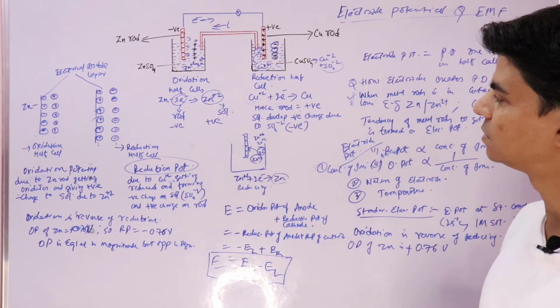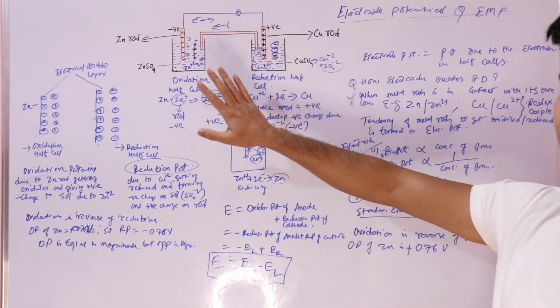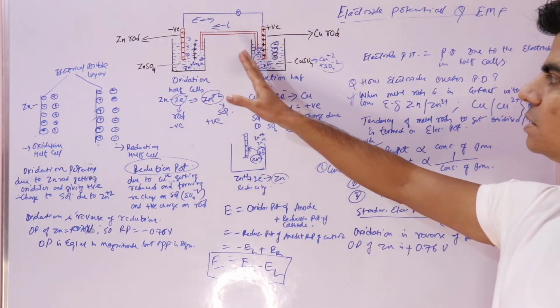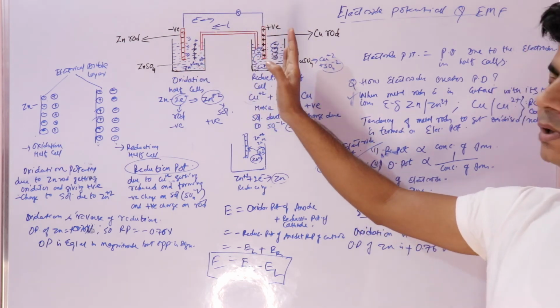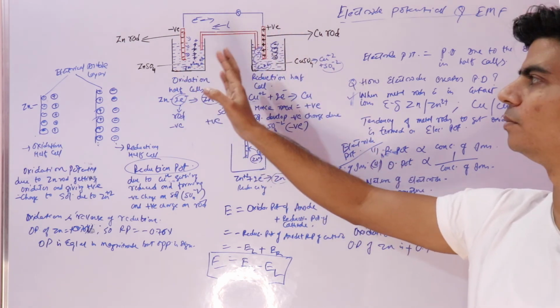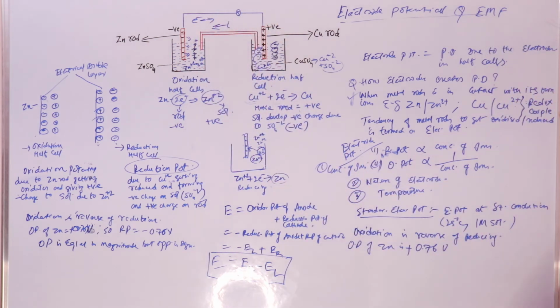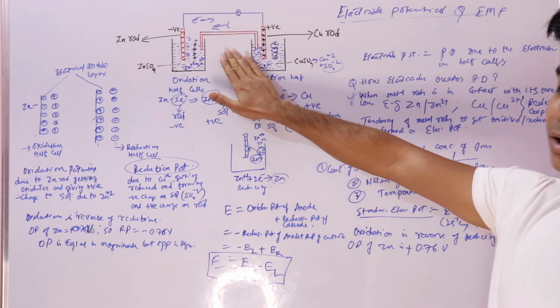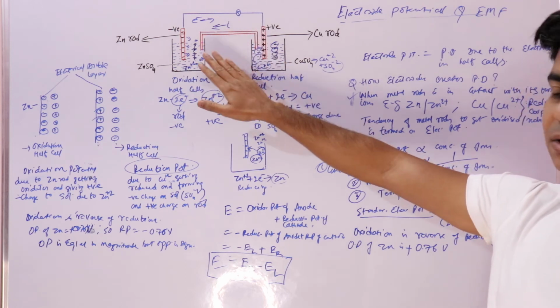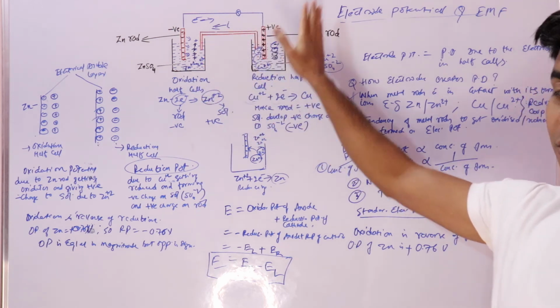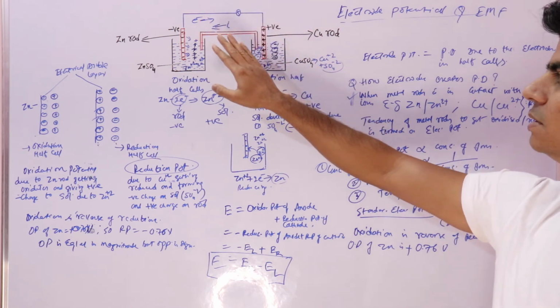I just repeat once more that the EMF is the maximum potential difference between the electrodes, right, when no current is flowing in the cell. And this potential difference exists because of the redox reaction that is happening in this cell.